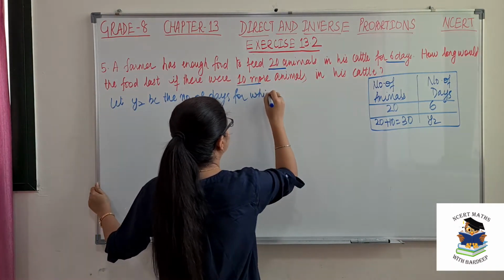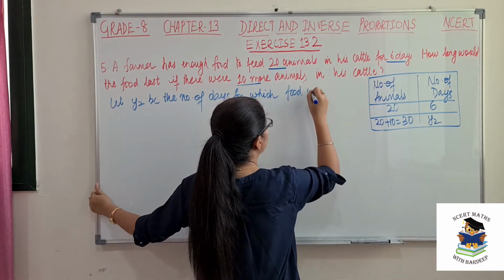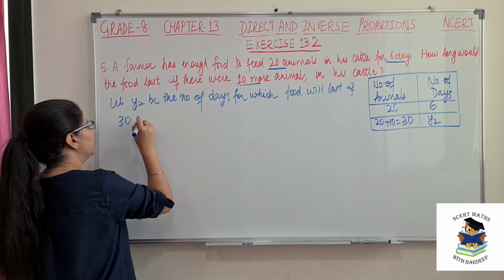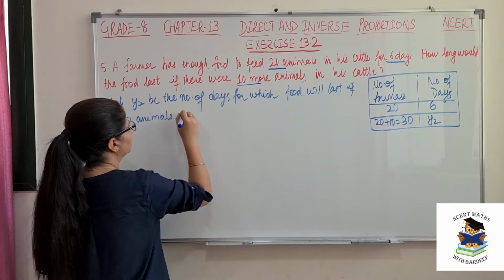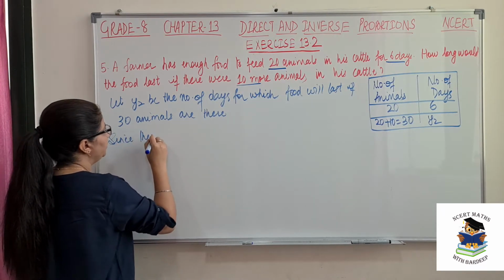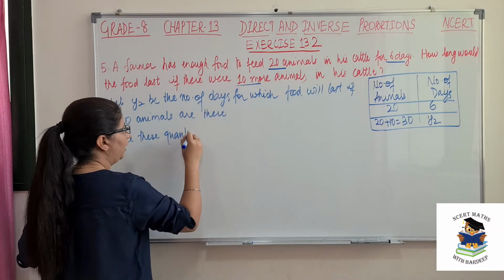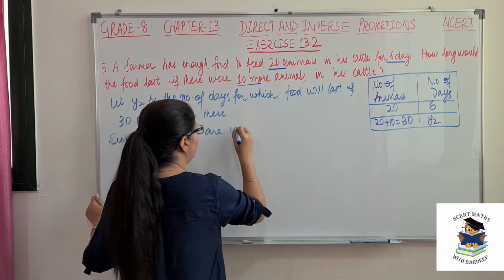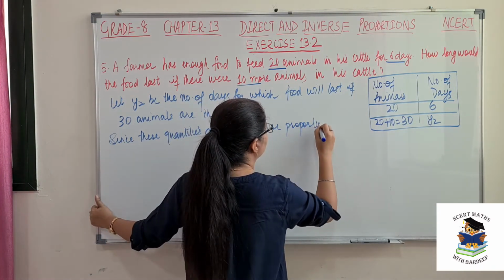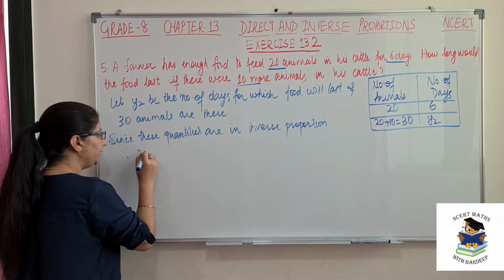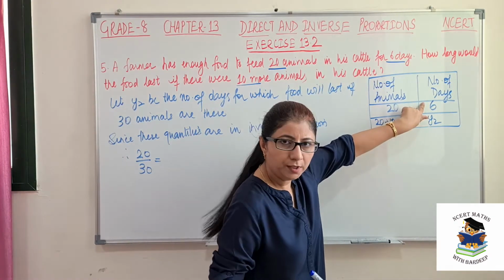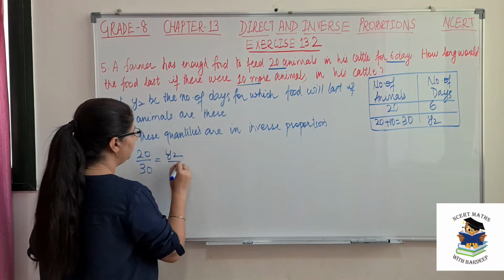Then we will write again, since these quantities are in inverse proportion, therefore 20 over 30 should be equal to y2 over 6.